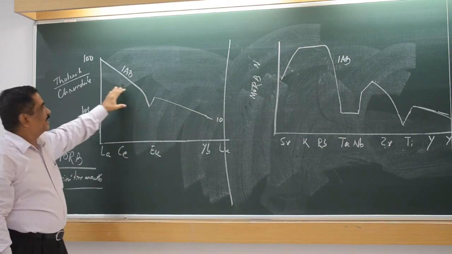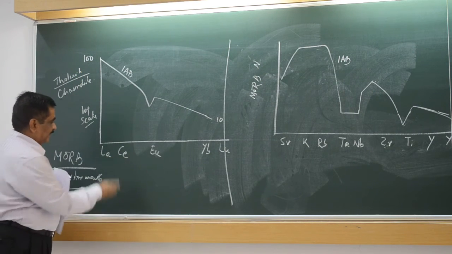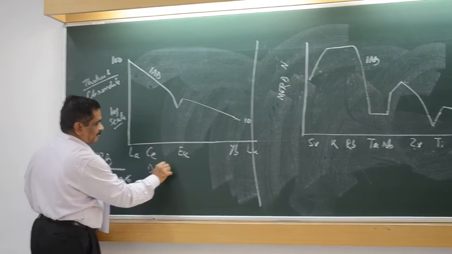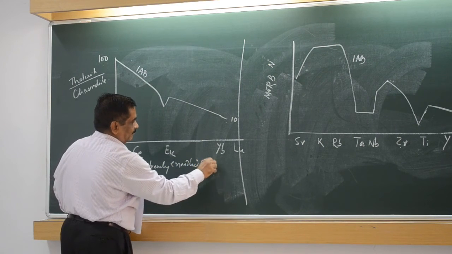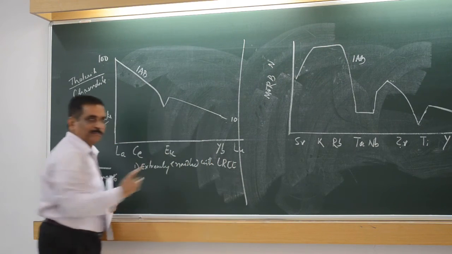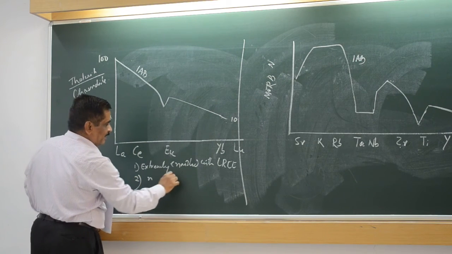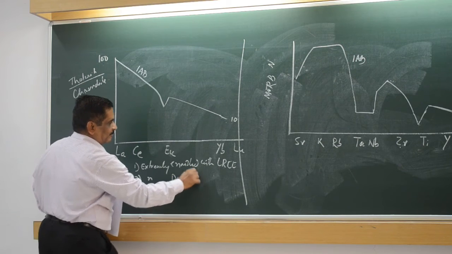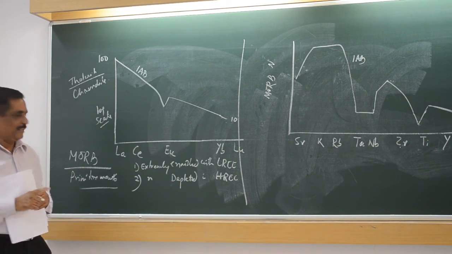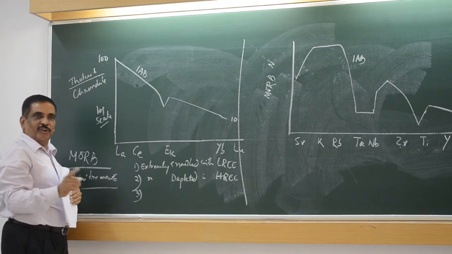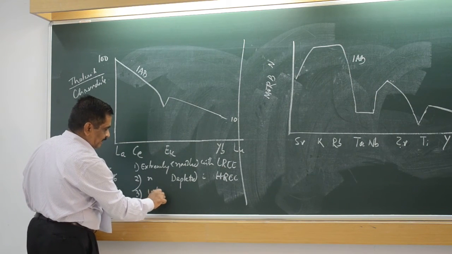The basalt is extremely enriched with LREE. Extremely enriched with LREE. Understood my point? And what about this? Extremely depleted in HREE. Understood this part, what I am writing? So the third point you can write: the rock shows differentiation, very good differentiation with respect to REE.